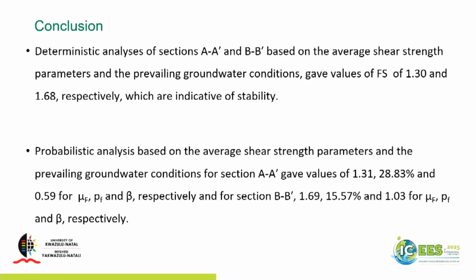So in conclusion, based on the average parameters and the prevailing groundwater conditions, both slopes gave us factors of safety of 1.3 and 1.68 respectively, which are indicative of stability. And the probabilistic analysis, based on the average shear strength parameters and the prevailing groundwater conditions, gave values of 1.3 for the mean, 28.83% for the probability of failure, and 0.59 for the reliability index.